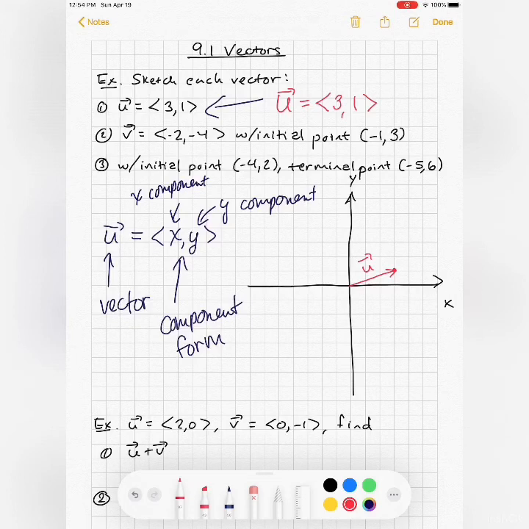The thing with vectors, though, is that unless it's specified, I could really start at any initial point. So notice that, what if I started over here? Well, the vector u says go right 3 and up 1. So actually, this would be the same vector u.